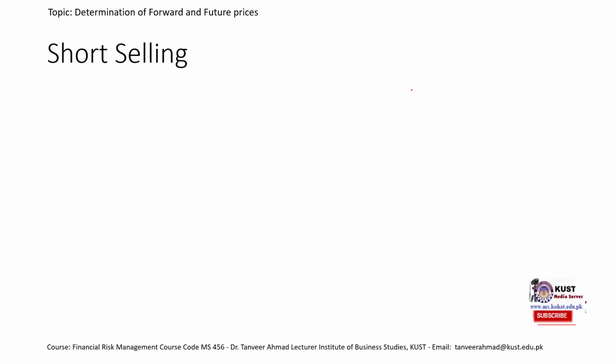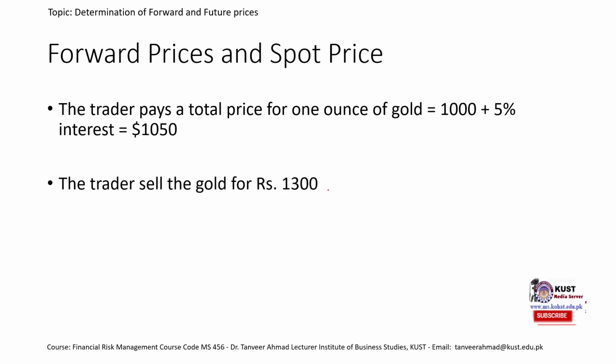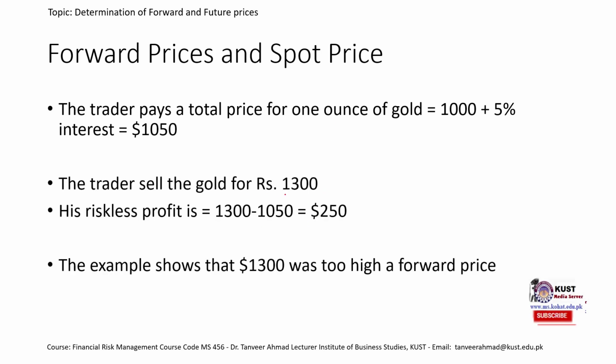So now going back to our second issue, which, if you remember, we said that instead of the forward price being 1300, we previously assumed that the forward price was 1300. If we assume that the forward price is 800, then how would this investor be able to earn a riskless profit?